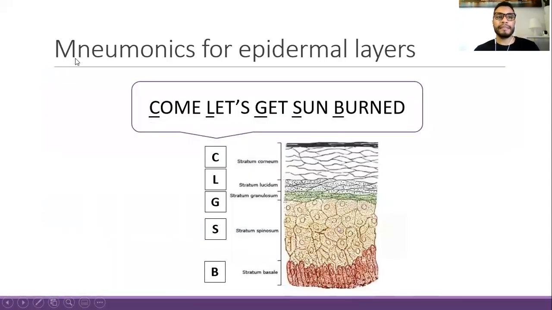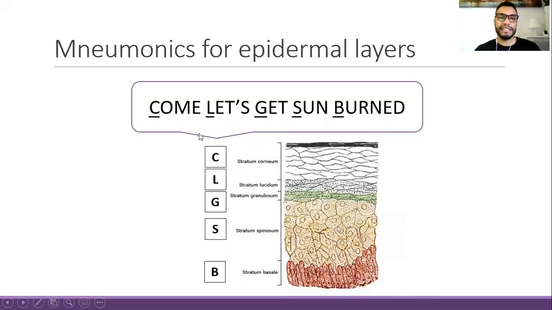This is a mnemonic I hope can help you to learn the layers of the epidermis. This is from superficial to deep. We have this mnemonic, which is called "Come, let's get sunburned."